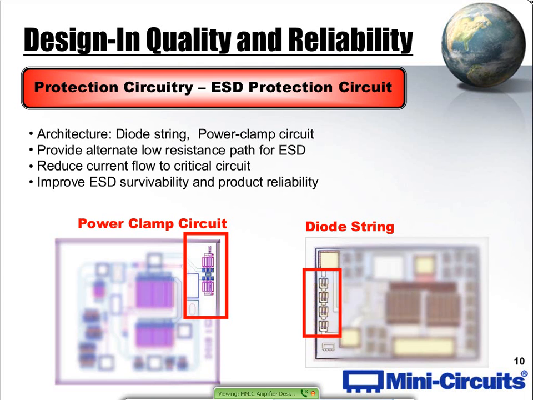You'll see ratings like human body model, HBM, or machine model, MM, and that's how the industry rates the ESD performance of any particular device. At Mini Circuits, our rule is we do not put a class 0 part on the market because of all of the reasons we just discussed. Everything that we put on the market must be at least a class 1A, which is 250 volts, human body model, and almost all of our parts are higher than that.